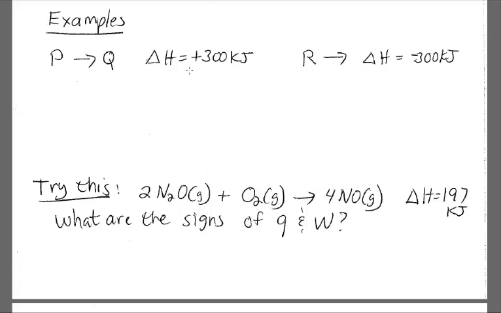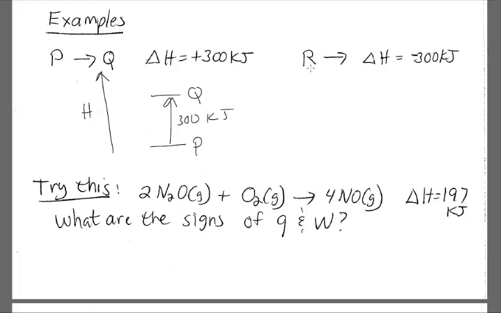So here are some examples with numbers. Let's say we have a reactant P going to a product Q, and the delta H for that is a positive 300 kilojoules. That means we could draw an enthalpy diagram, meaning enthalpy going up, where P would be lower in enthalpy than Q, and the difference would be 300 kilojoules.